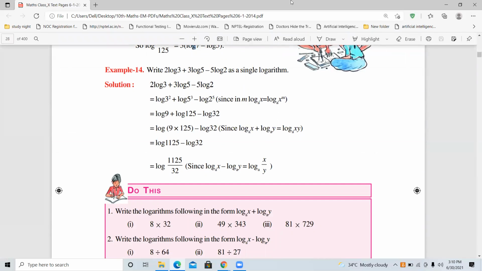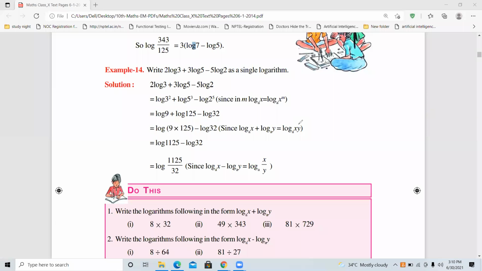And the last model remaining in this chapter is finding the value of a particular logarithm. For example, they have given a value like this, log of 4 base 2. If they have asked to find the value for this, we just assume log of 4 base 2 equal to x.